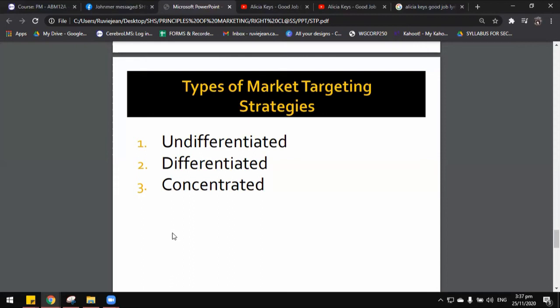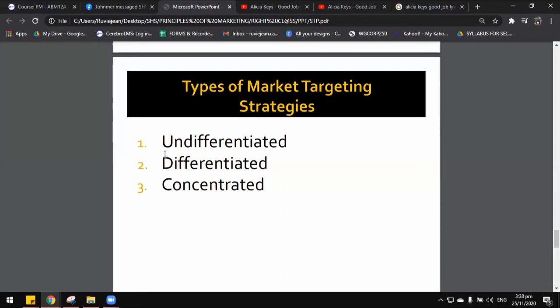'Pag nasa class D ka na social status, puwede ka pa rin naman pumasok sa SM, kasi marami ka pa rin namang products na puwedeng bilhin at kaya naman ng budget. Okay, so that is what undifferentiated marketing is. Market targeting strategy.